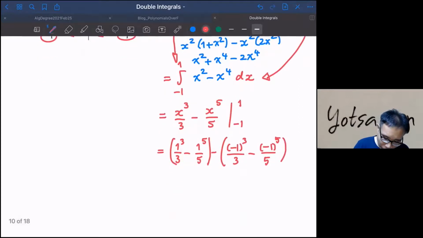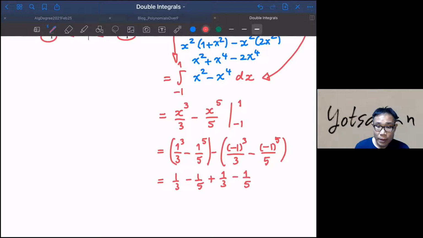Okay, and so this one will be 1/3, 1/5, minus negative 1/3, so it's going to be plus 1/3, and it's going to be plus 1/5, so it's going to be minus 1/5. Okay, and then this one will be 2 multiplied with, so you have the LCM equal to 15.